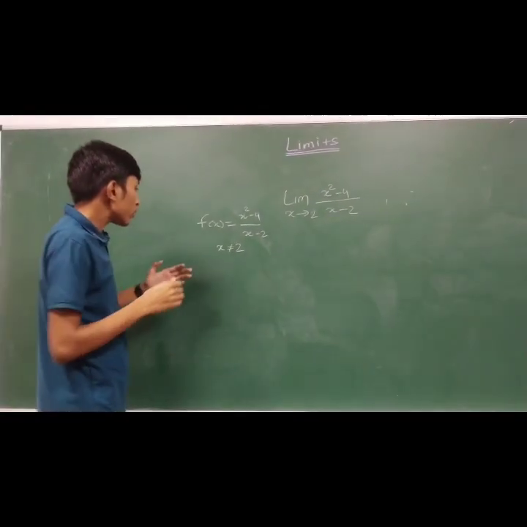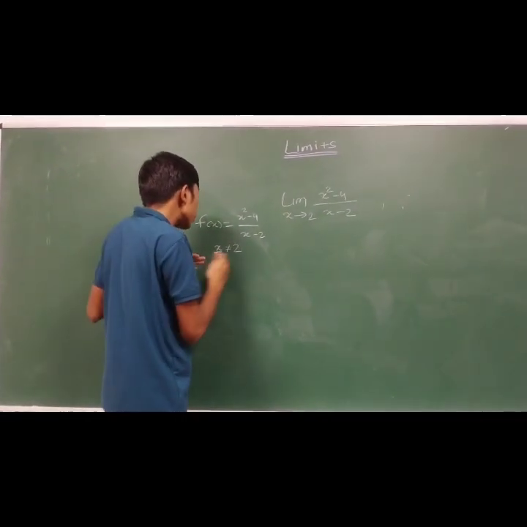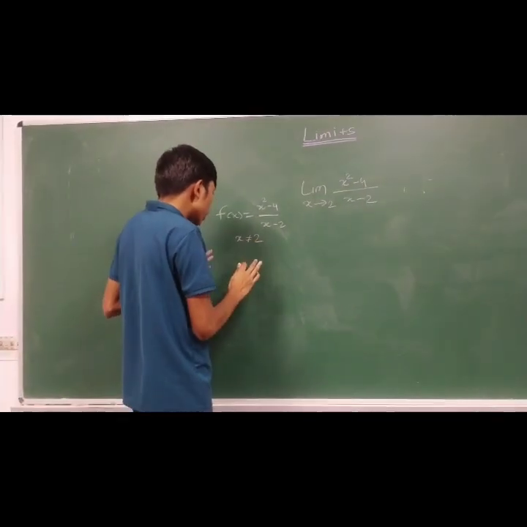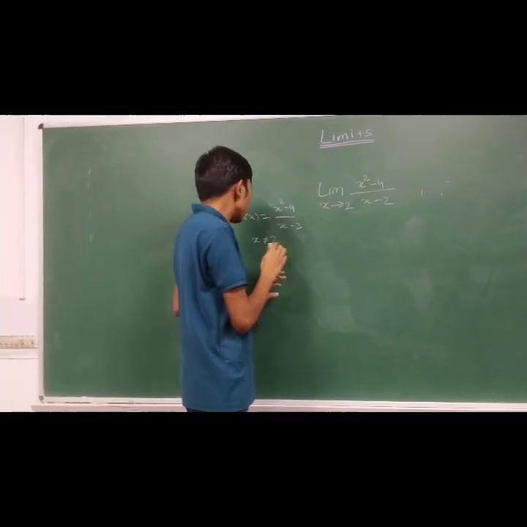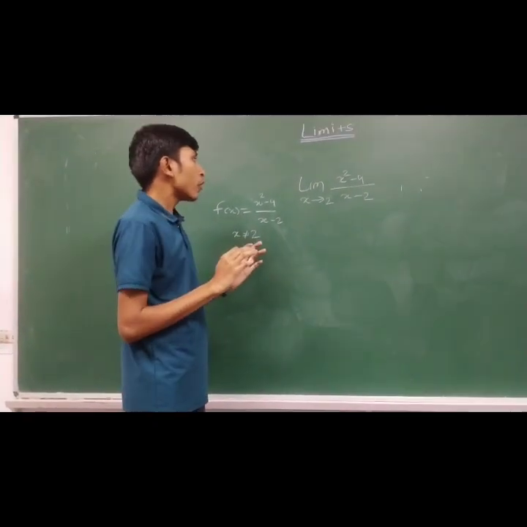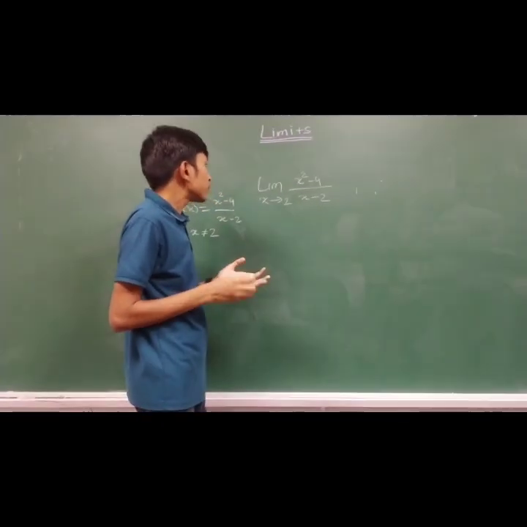But we want to know what value the function takes when x is near 2. So let us try to calculate the left hand limit and right hand limit, or the limit of the function, so that we can get the limit of the function.